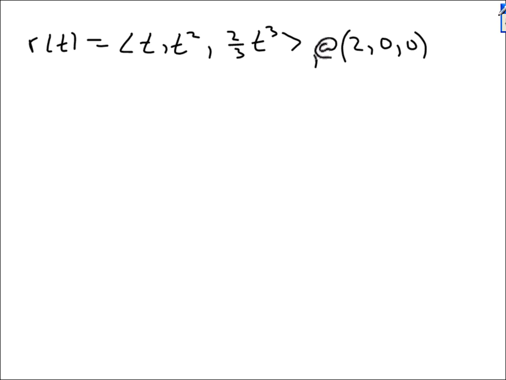They told you that r of t was t squared, 2/3 t cubed, and we're doing this at the point 2, 0, 0. I meant to say 3, 9, 18.